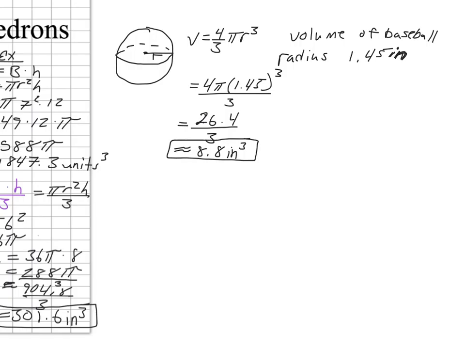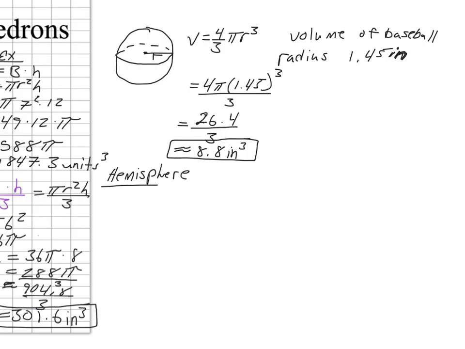Now a softball would be a little bit bigger because it has a slightly different radius, but you could definitely figure that out as well. Okay, there are a couple other things when we're dealing with spheres that I want to define. The first one is a hemisphere.